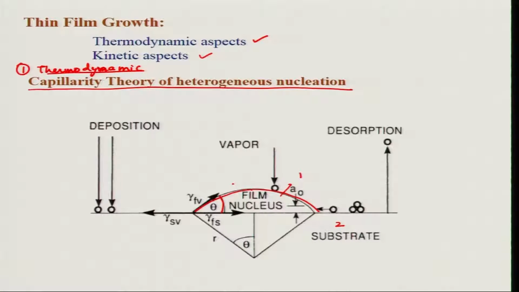So, once this nucleus is formed, two extra interfaces are created. One is this interface between the thin film, this nucleus, and the substrate, and the extra surface which is created, which is this surface. Okay. Along with that, there is some change in free energy which relates to volume. Okay. And along with that, because of these different surfaces, there are different surface energies or interface energies between these dissimilar interfaces. So, we need to take into account these surface energies also.